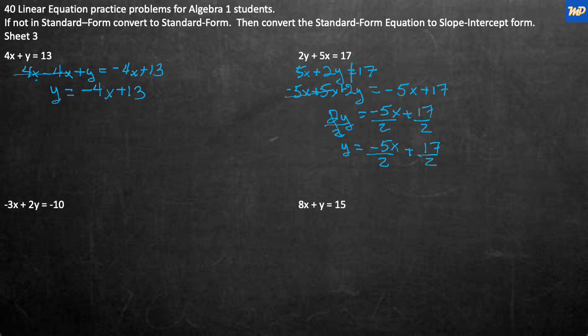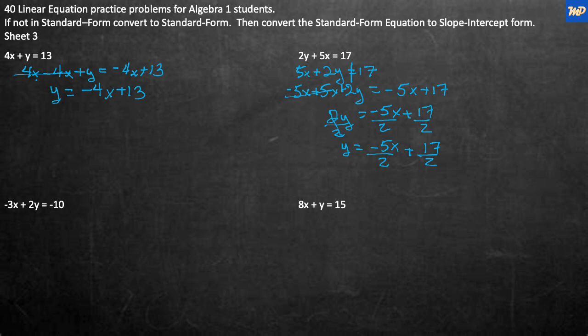Minus 3x plus 2y equals minus 10. Well, the format is right, except we need to get rid of the negative 3. In order to do that, we're going to divide by negative 1, or multiply by the inverse of negative 1, which is 1 over negative 1. We're just going to go ahead and divide every term by negative 1.